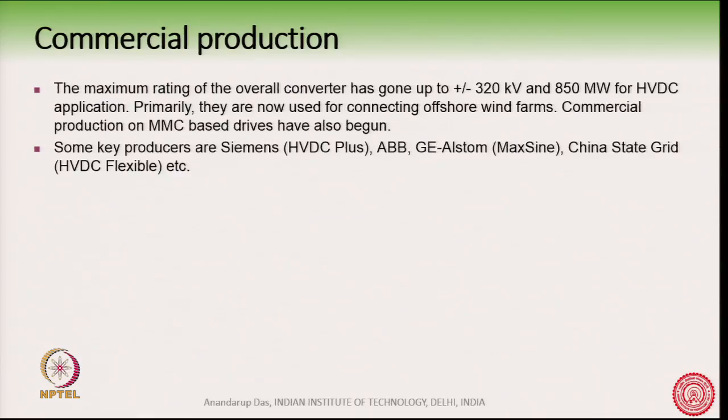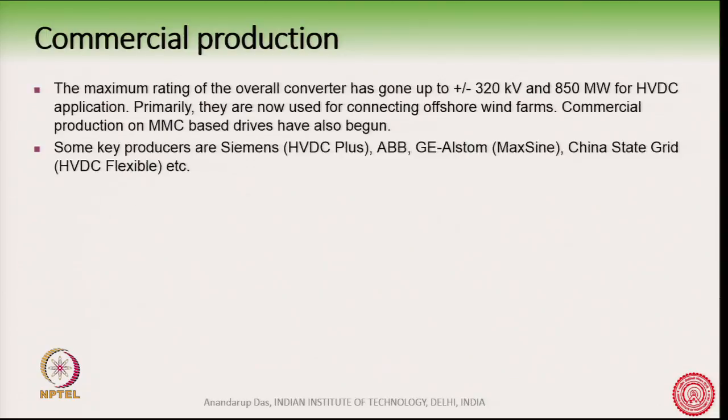So, the maximum rating of the converter has gone up to like plus minus 320 kilovolt and 850 megawatt for HVDC application. However, these numbers are continuously changing.